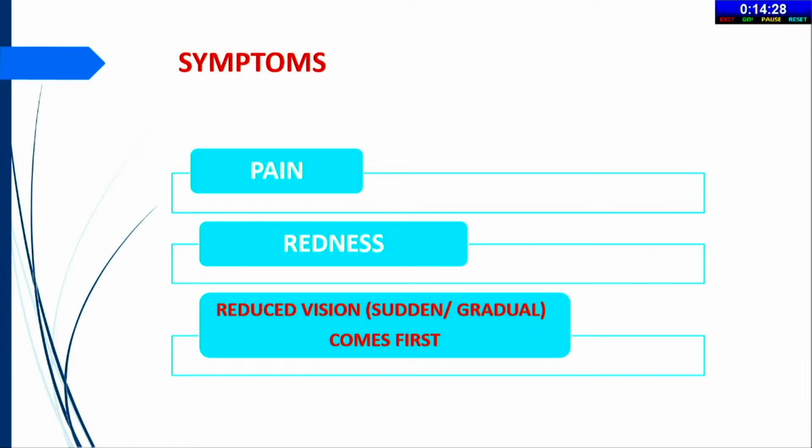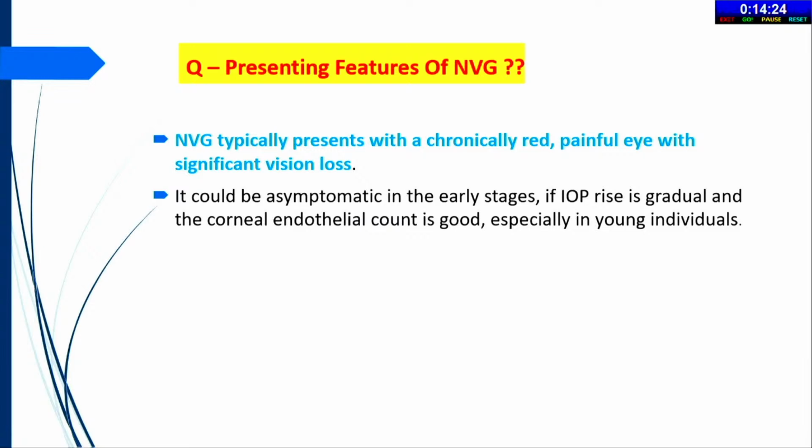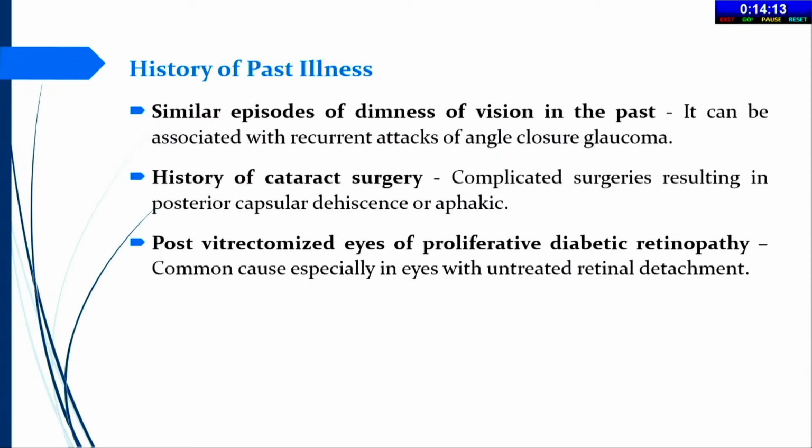But sometimes it could be a sudden pain along with redness and reduced vision together. This is the typical presentation: the gradual, asymptomatic disease where the patient may not realize the diminution of vision and suddenly comes with pain, redness, and diminution of vision. But definitely if you ask for a history, they will have a history of reduced vision also.